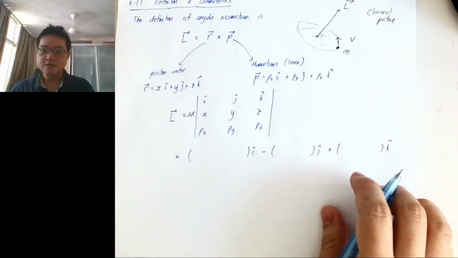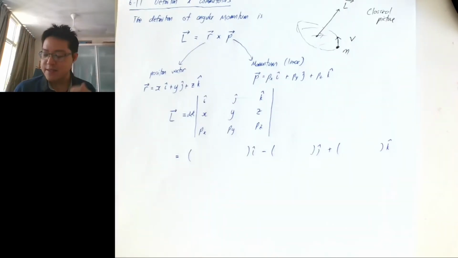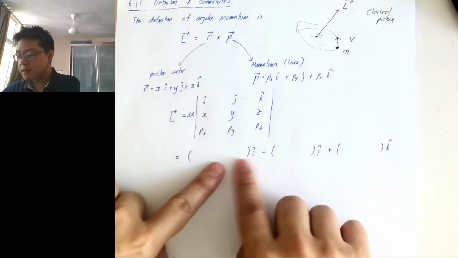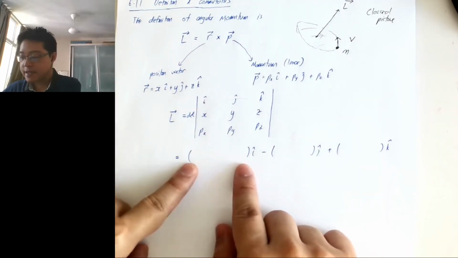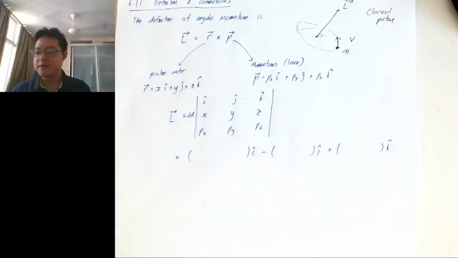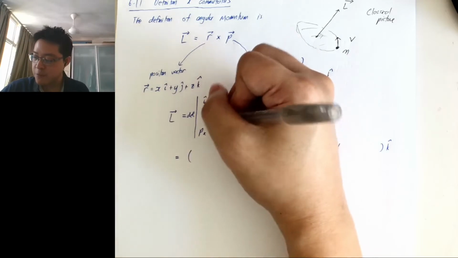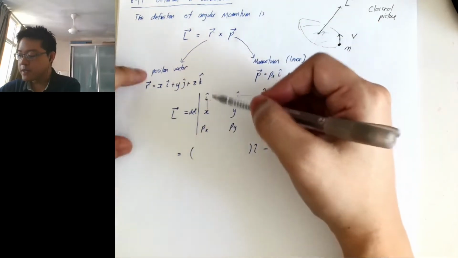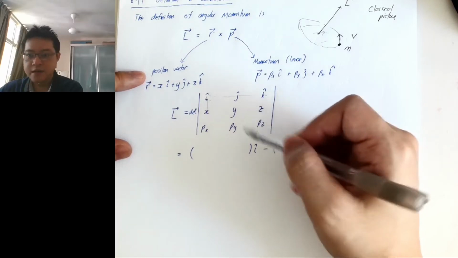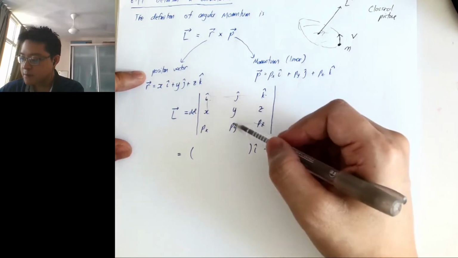This is my way to calculate the determinant. I find this easier to remember. And how do we find what is inside here? The inside is the determinant of the minor. That's the language used in linear algebra. But basically what this means is we delete this column and this row, and then we find the determinant inside. So the determinant inside is this minus this.